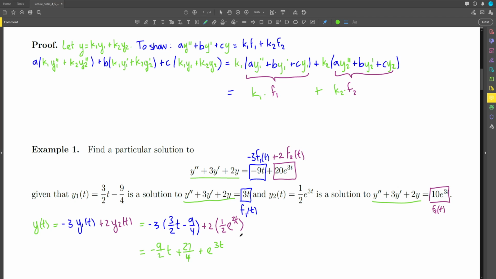And so this is a particular solution to the differential equation.